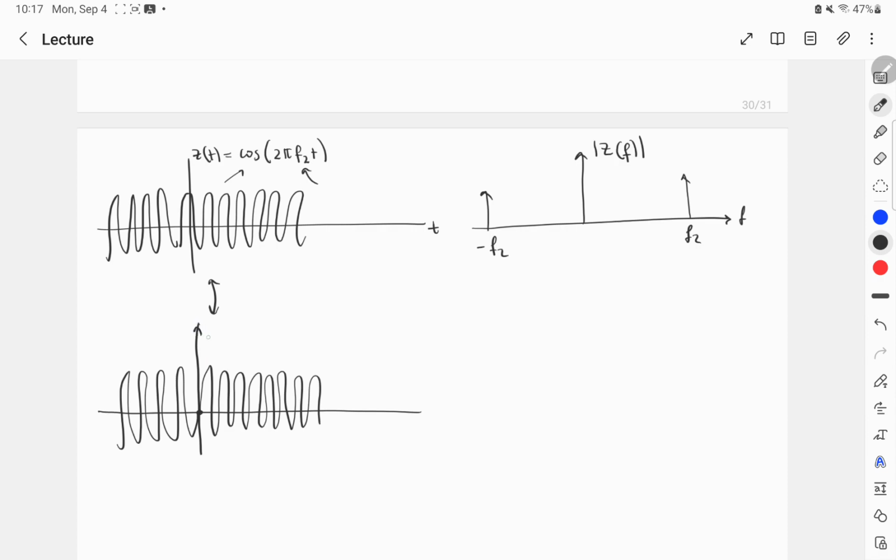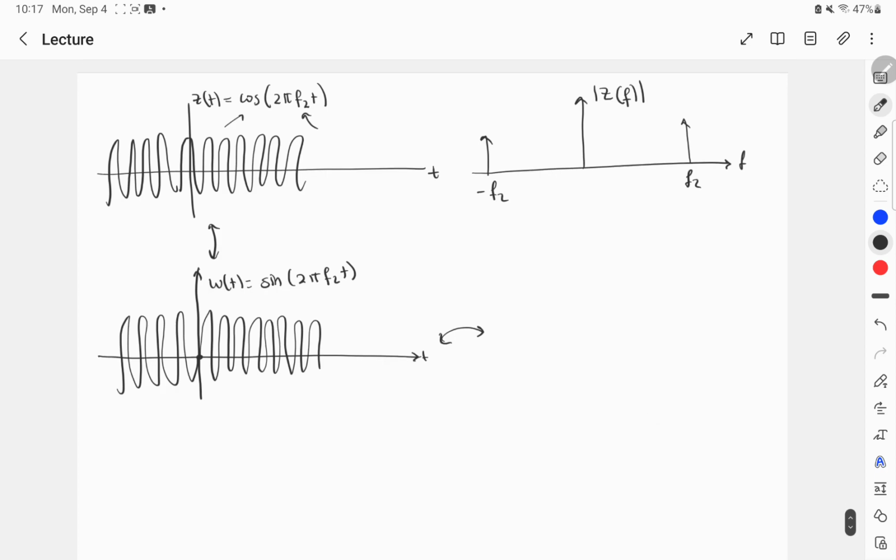And then let's call it a w function, and then it is equal to sine 2 pi f2 t. And then let's find the frequency domain equivalency, let's say. And in this case, I will write the magnitude. And since the frequency is the same, we will have the same graph, right?